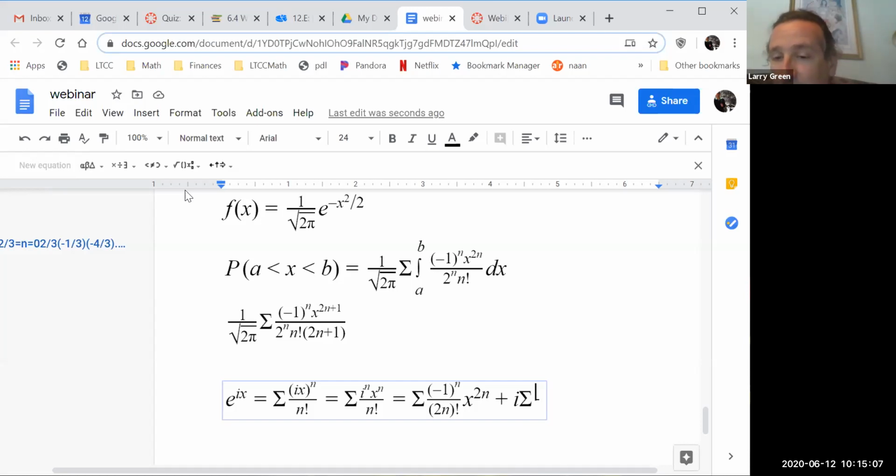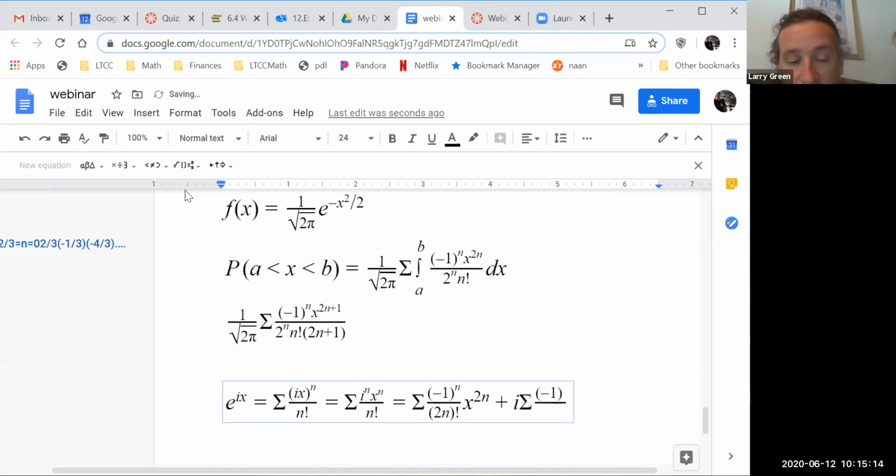It just goes positive, negative, positive, negative. That's another alternating series. So it's -1 to the n. And now we're doing the odd ones, so it's 2n plus 1 factorial, because those are odd numbers, x to the 2n plus 1. I forgot to do the power of the -1.